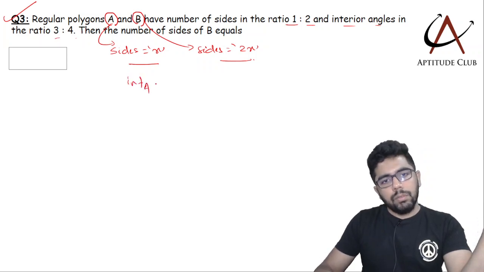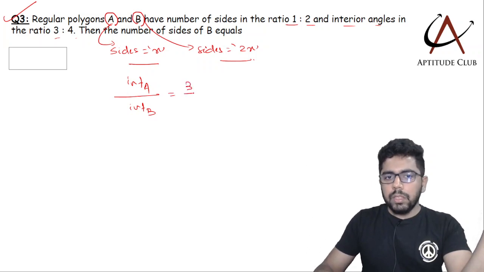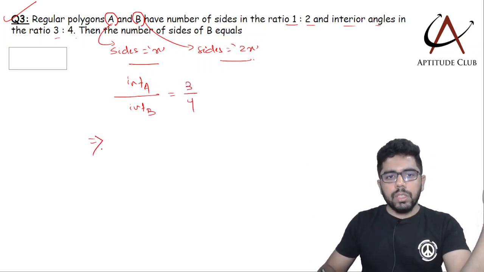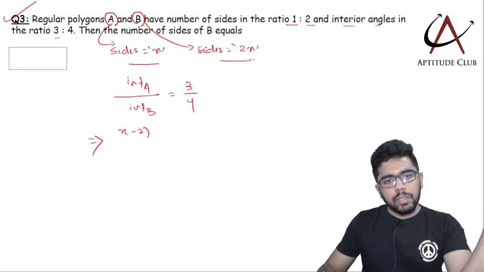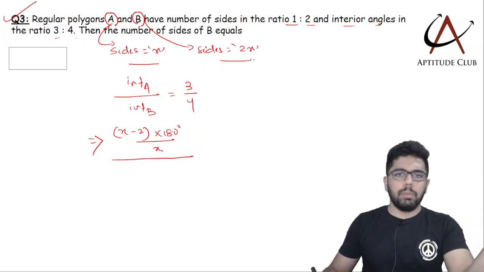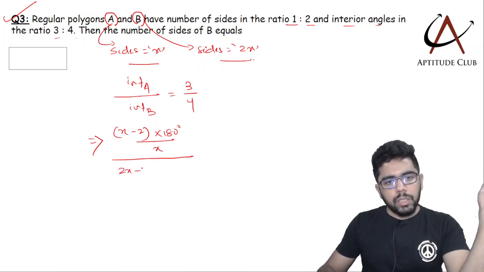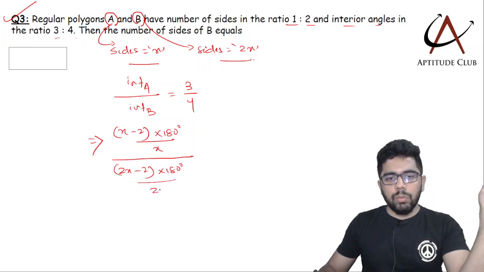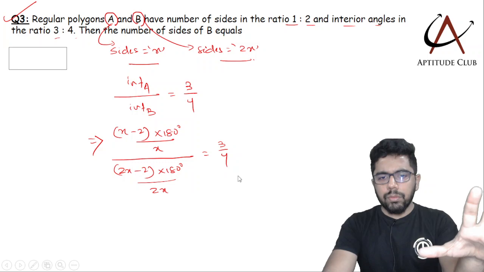So the interior angle of A to the interior angle of B is 3:4. Now what is the interior angle of A? It is x minus 2 into 180 degrees divided by the number of sides or number of angles, same thing. And in case of B, it is 2x minus 2 into 180 degrees divided by 2x, and this is given as 3:4.